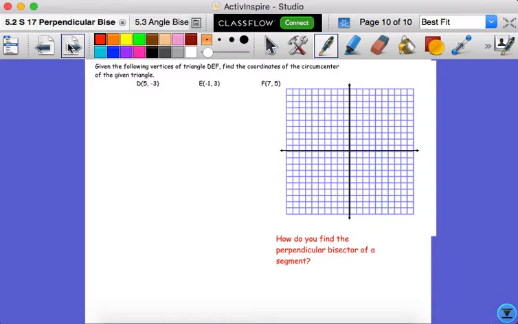Last but not least, we want to take these 3 vertices and find the circumcenter. So remember that the circumcenter is formed by the perpendicular bisectors. So what I want to think about is how do I find a point that is both perpendicular and bisecting these three sides. So I'm going to start with (5, -3), (-1, 3), and (7, 5).